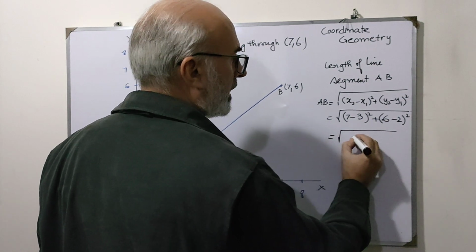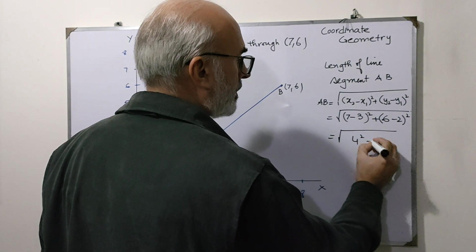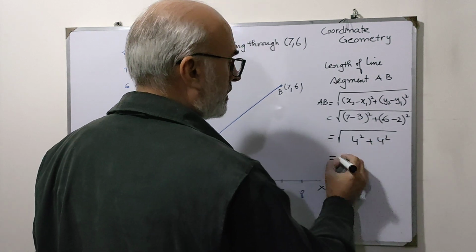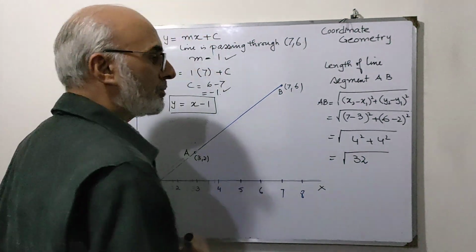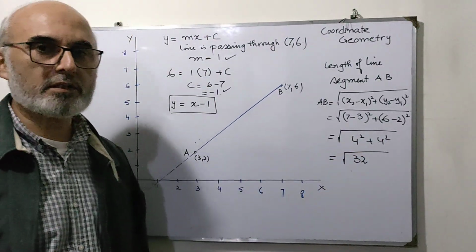So it's going to be 4 squared plus 4 squared, so it is 32, right? 16 plus 16 is 32.